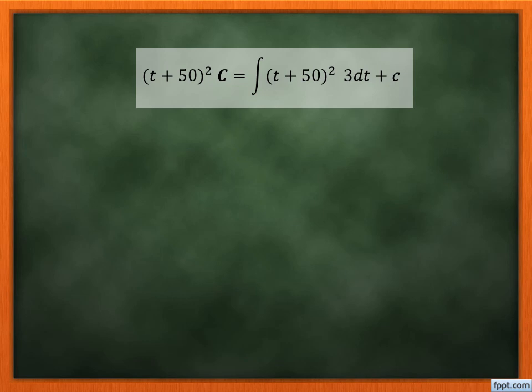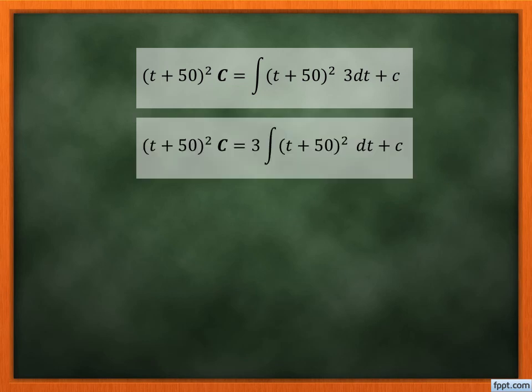So applying it now to the general solution for linear, we will have this equation wherein the capital C represents the amount of salt or the amount of substance inside the container, and the small c represents the integrating constant.